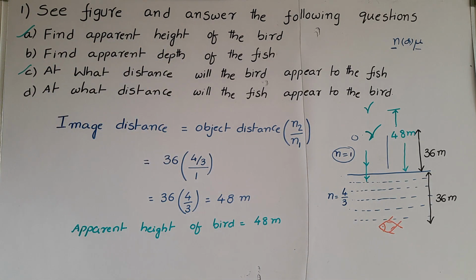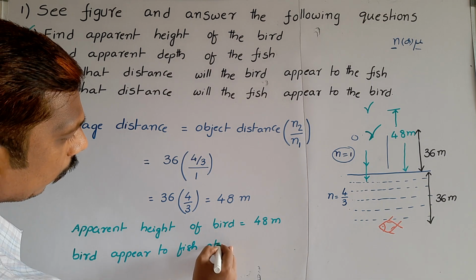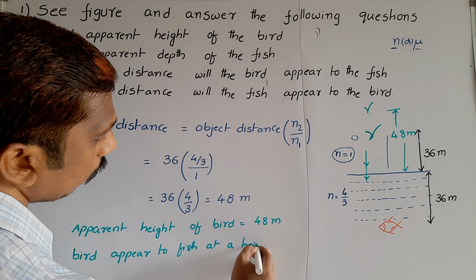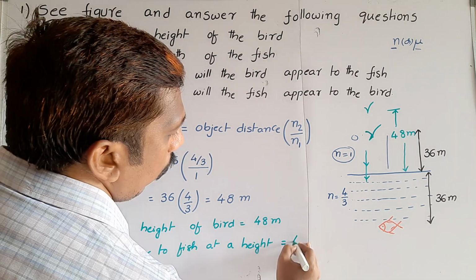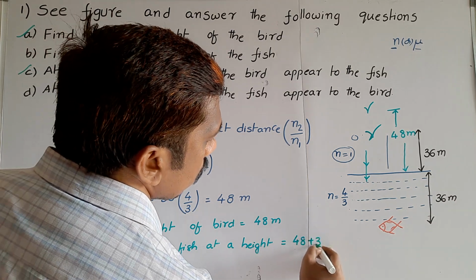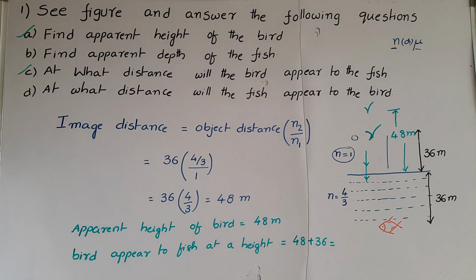So the distance at which the bird appears to the fish is equal to 48 plus 36, which is equal to 84 meters.